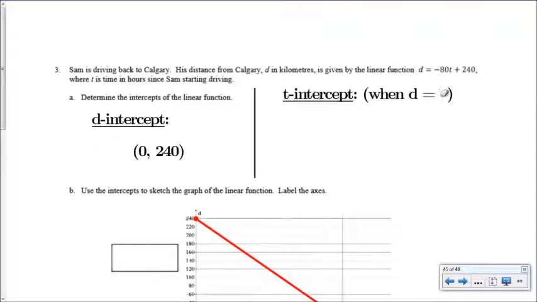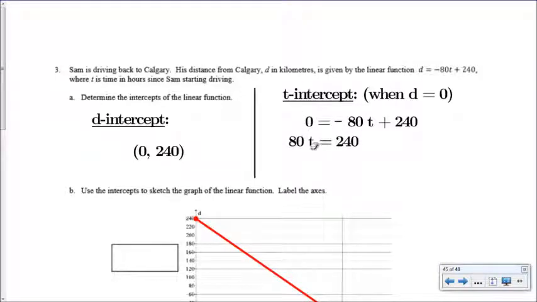And the T-intercept, so sort of the x-intercept if you prefer, where does that happen? When d equals 0, right? Okay, so we just basically put d equals 0 into this equation and then solve for t. So as a start, we would have here 0 equals -80t plus 240. I can bring this -80t to the left side of the equation, so it's +80t to both sides.